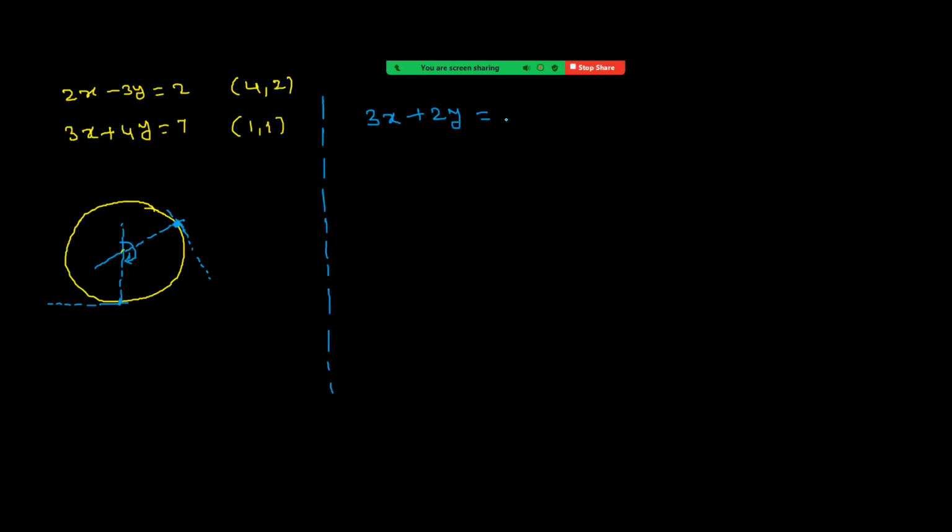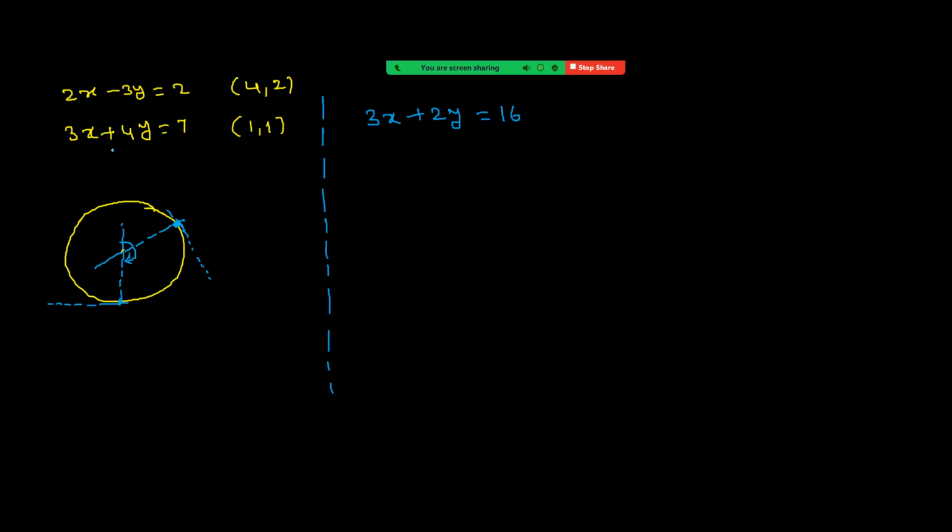Substitute this point here because this normal is passing through that point. Same point. So 4 into 3 is 12, and 2 into 2 is 4, 12 plus 4 is 16. So this must be 16, right?